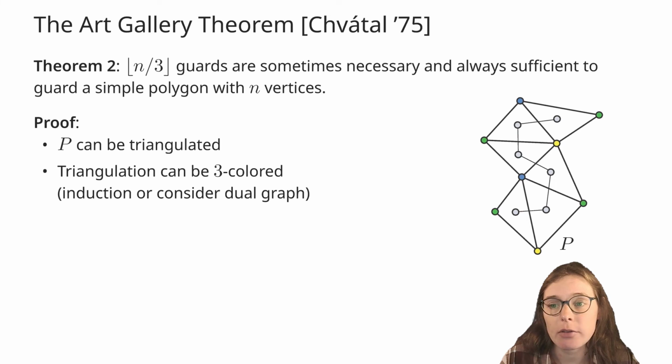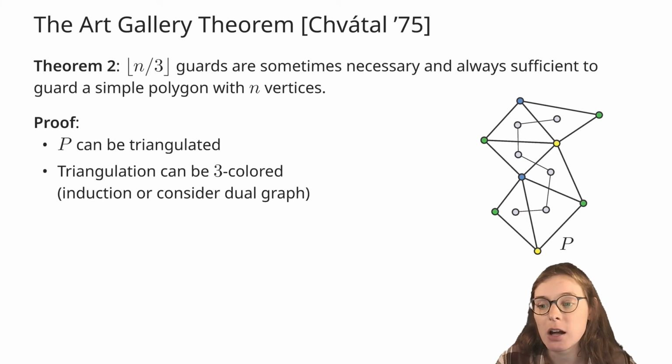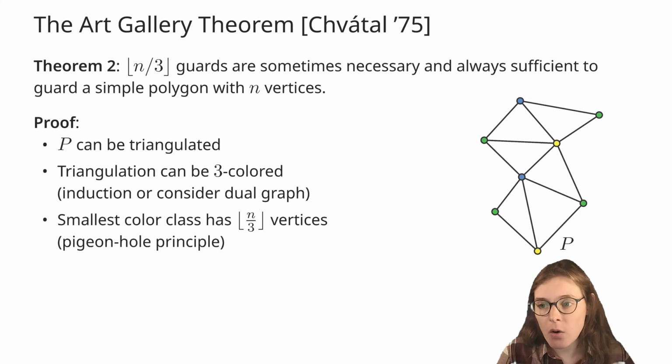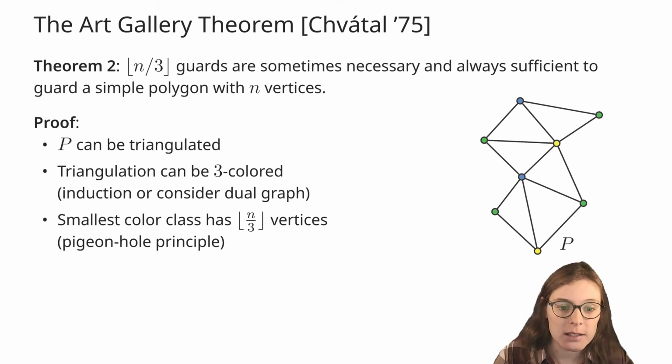The dual graph of a triangulation is a tree, and then we can traverse this tree and color the vertices of the triangles so that no edge has 2 endpoints of the same color. Now, given that all vertices are colored in one of 3 colors, we can choose the smallest color class, and this smallest color class will have at most n/3 vertices.